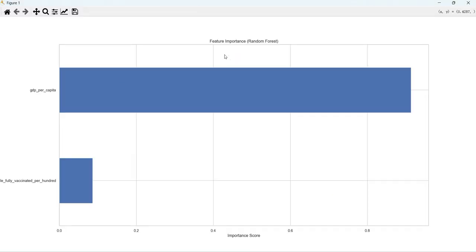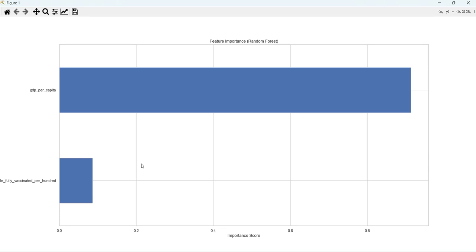Okay, this graph shows the feature importance using the random forest. In this graph, we can see that the GDP per capita takes a large part of the graph, and the vaccinated per 100 takes just a little part of the importance scores.